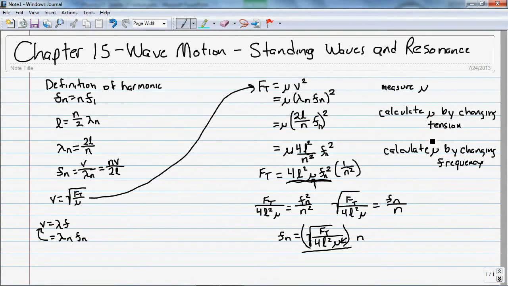And this value of mu, they should be very close to each other. You should be able to get within a percent of the actual value.